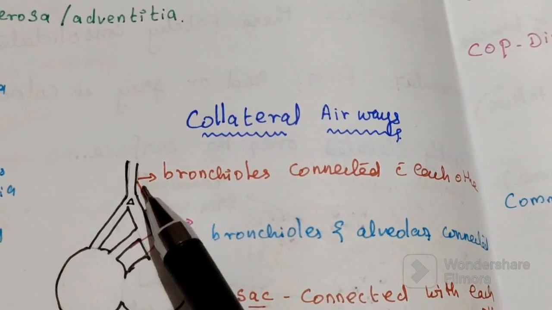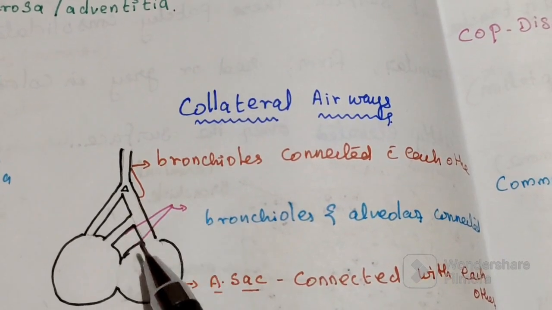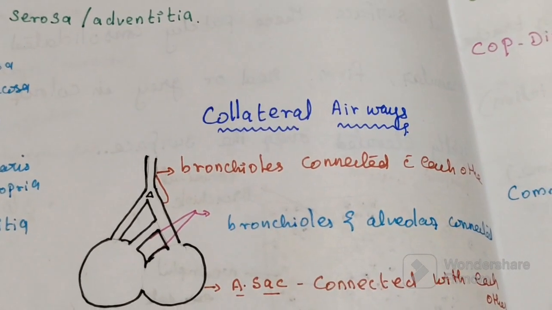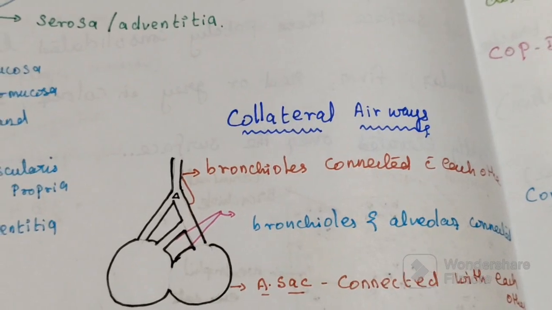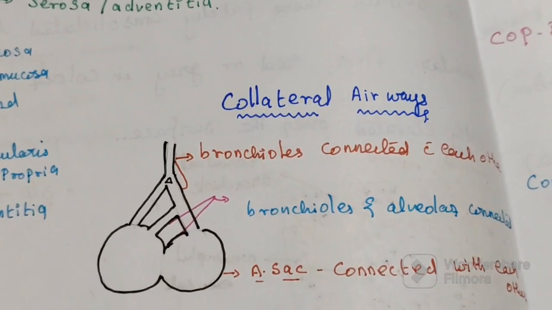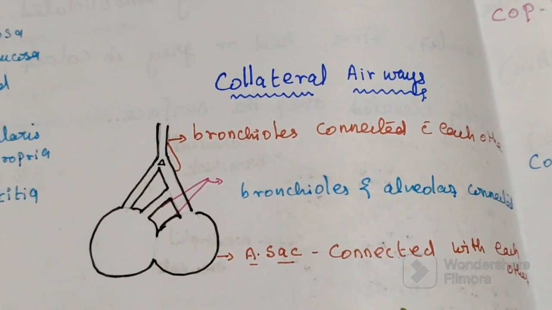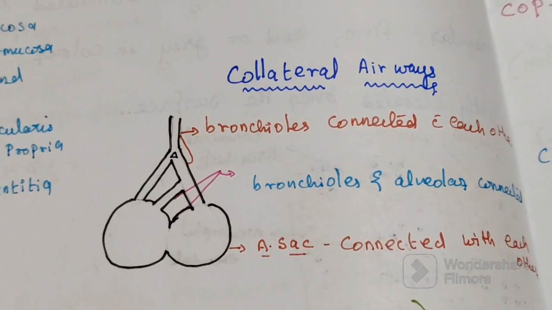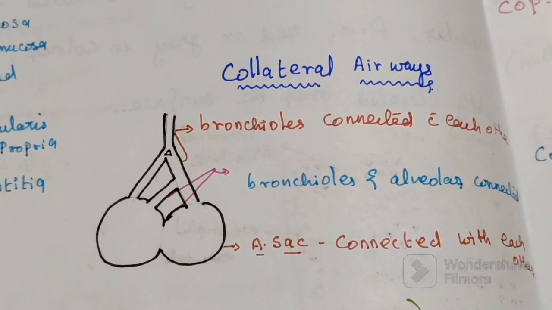This is the respiratory bronchiole, this is the alveolar duct, and this is the alveolar sac. Alveolar sacs are connected with each other. Multiple alveolar sacs connected to each other are known as the pores of Kohn.